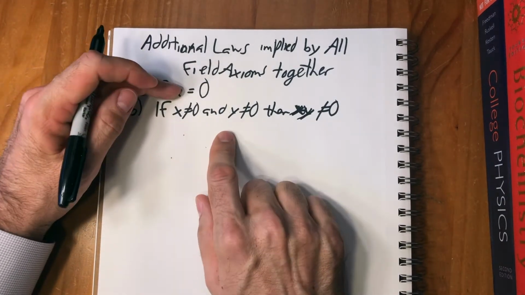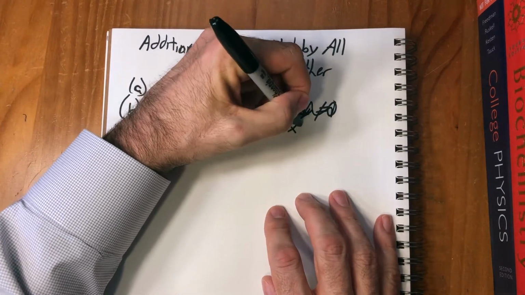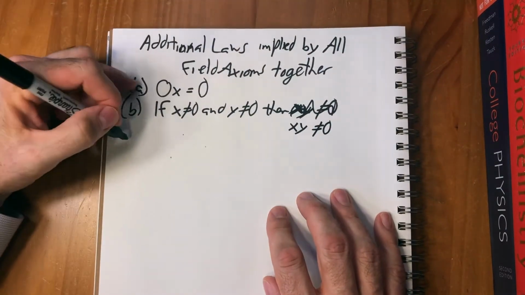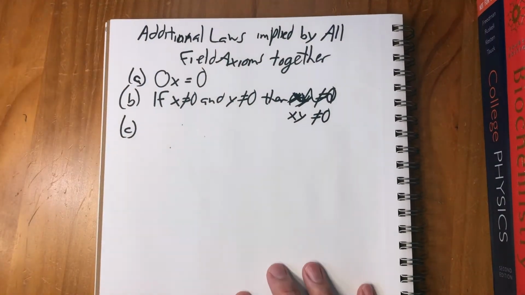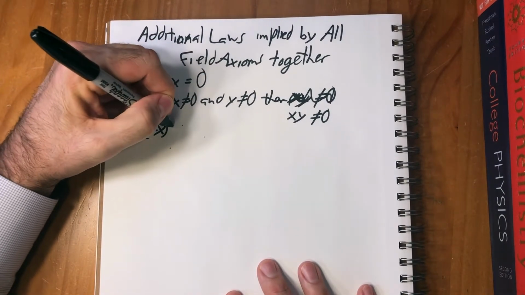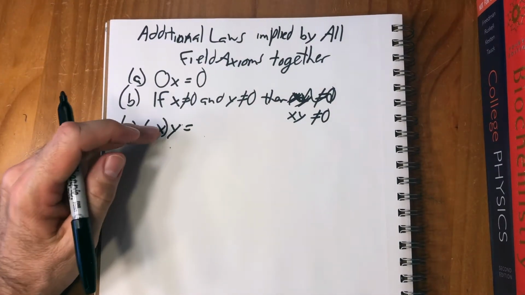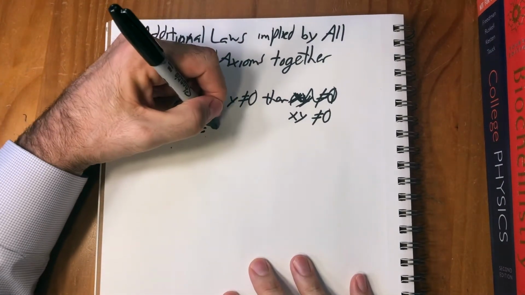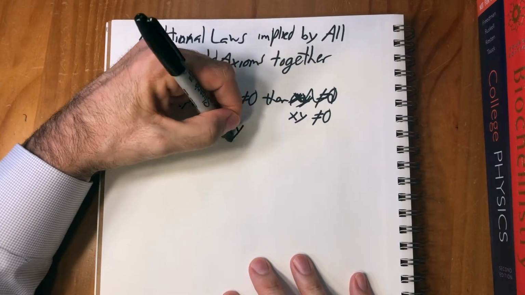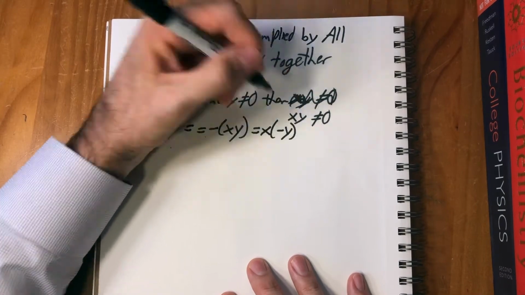If these are both not 0, then this cannot be 0. Let me write that again: xy does not equal 0. C, the additive inverse of x times y, the additive inverse of xy, equals x times the additive inverse of y.